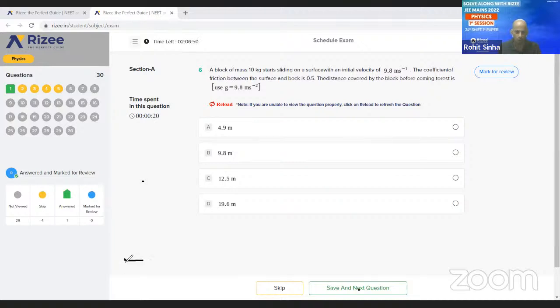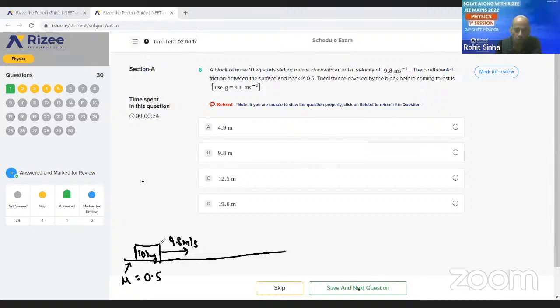So, according to the question, this is the surface, and in this surface a body is moving with a velocity of 9.8 meter per second. The mass of the body is also given as 10 kg, and the coefficient of friction is equal to 0.5. It is asking what is the distance covered by the block before coming to rest.